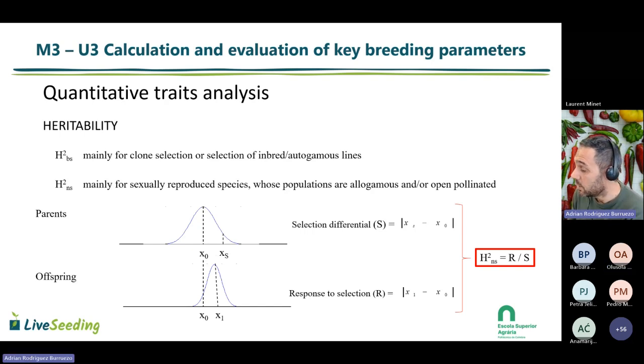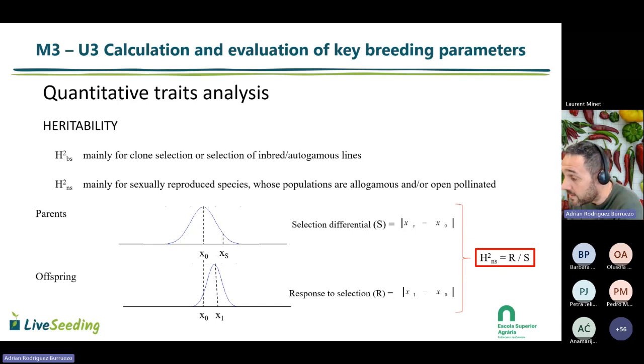In addition, when you select some individuals, the environment may have caused some of them to look better, and therefore they were not really so good. So you are introducing bad genes into the pot, and at the end you have a new offspring generation, which is better than the original value of the original population, x0.